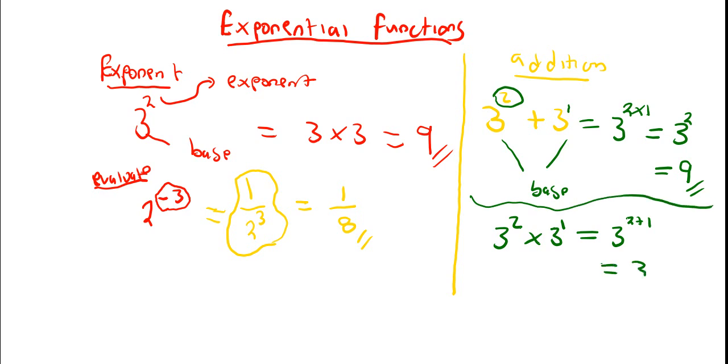Okay, now let's move to subtraction and division. If you are dividing similar bases, they give us 3 to the power 6 divided by 3 to the power 4. So our exponents that we are dealing with are basically 6 and 4.